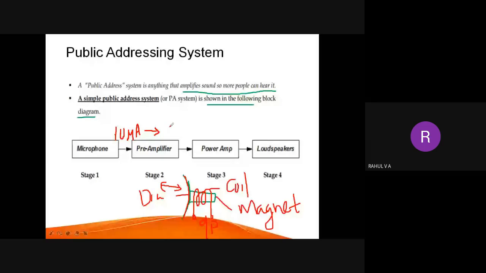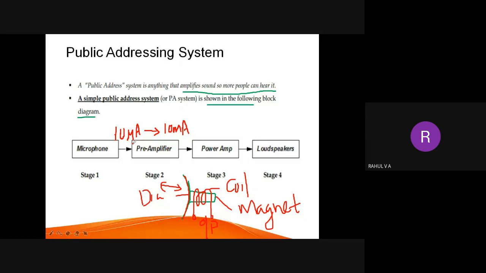Because the output of the microphone is very small, first we convert this very small value to a small value using a pre-amplifier.